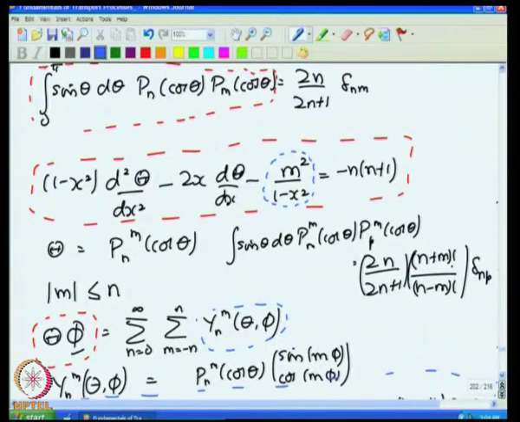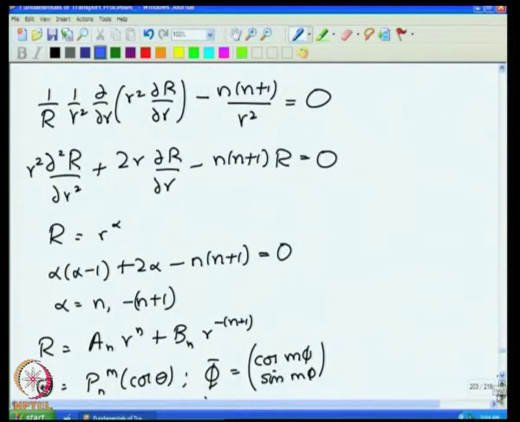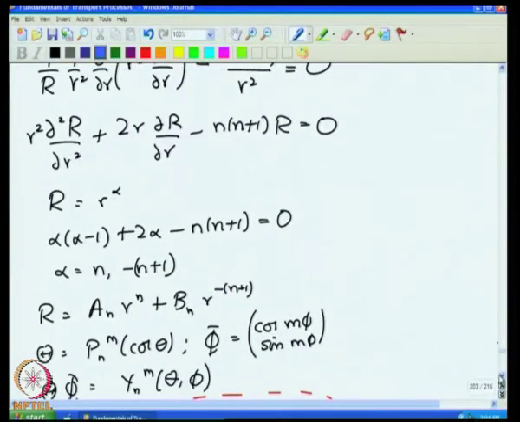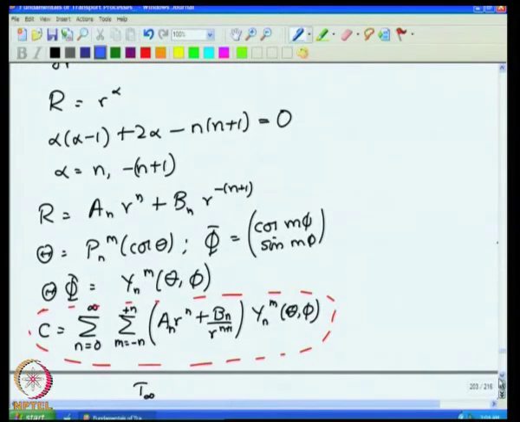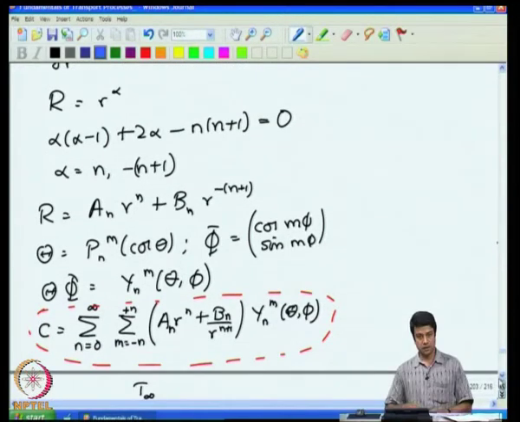Before that, if you recall, we had solved the Laplace equation, the heat conduction equation, in a spherical coordinate system, and we had got solutions of the general form shown in red there. A summation over spherical harmonic expansions Y_n^m of theta and phi. These are products of the Legendre polynomials P_n^m of cos theta and cos or sine of m phi.